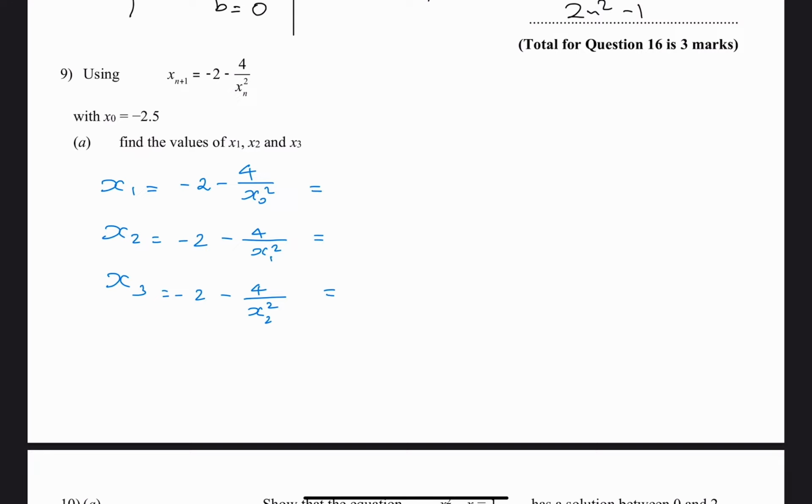Remember, what you type in the calculator is very important. It says that x0 is minus 2.5, so you type minus 2.5 and press the answer key. Then press on again, and we'll start: minus 2 minus fraction 4 over, put a bracket, the answer key, close bracket, squared. If you put that, it will give you minus 66 over 25.